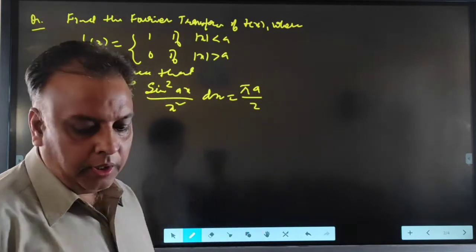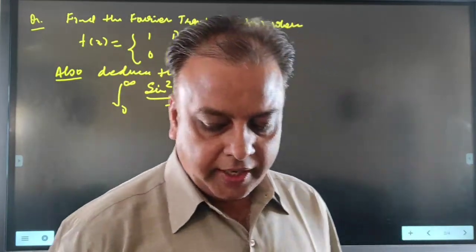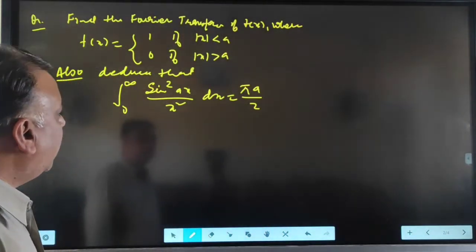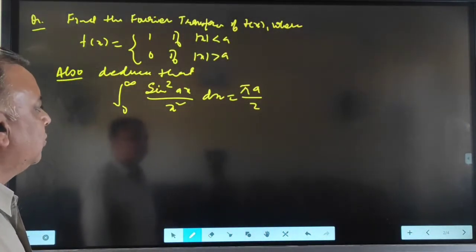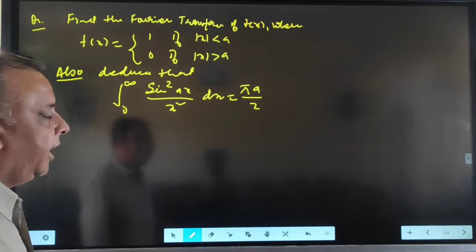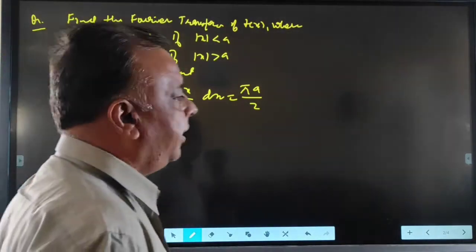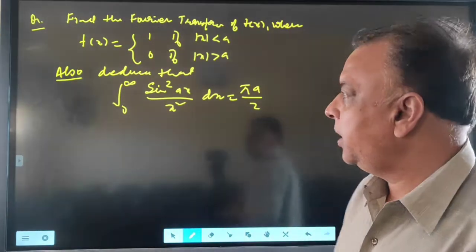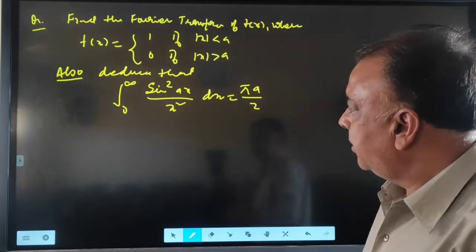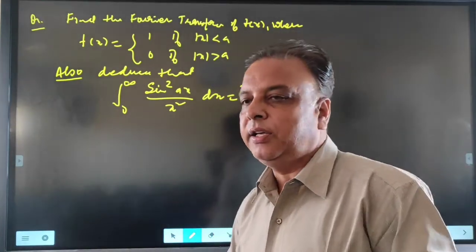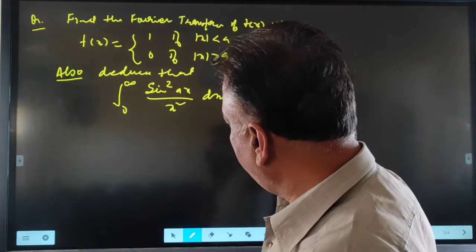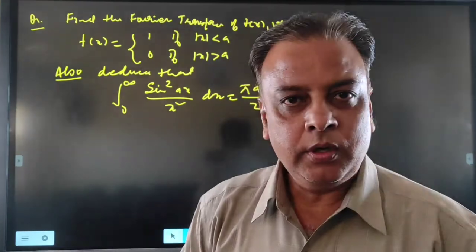Also we have to deduce that sine square ax upon x square dx is equal to pi into a upon 2. First we have to find the Fourier transformation of the given function, and then by the use of the Parseval's identity we will show that this integral is equal to pi a upon 2.